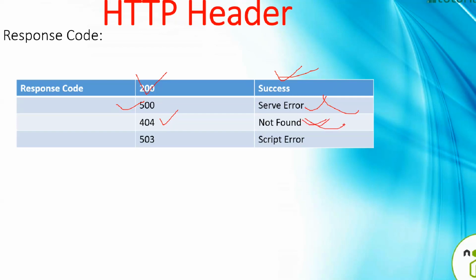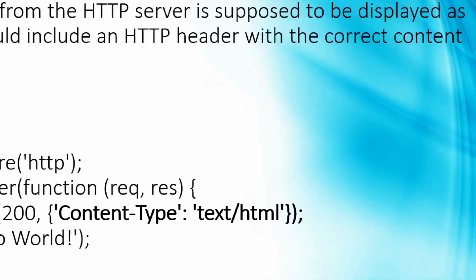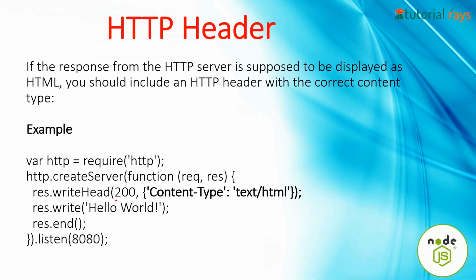If there is 503, then normally there is an error in your server script. Okay, so these are important codes. So that is why we have written 200 here, that means the data is successfully sent from the server.